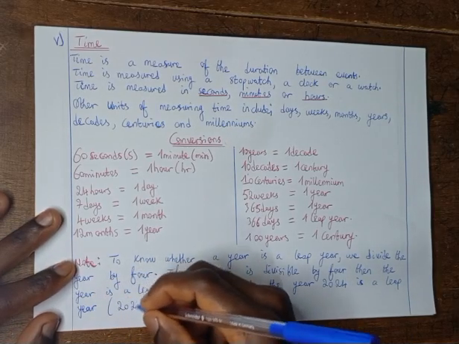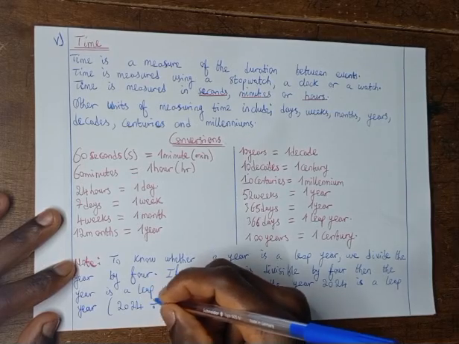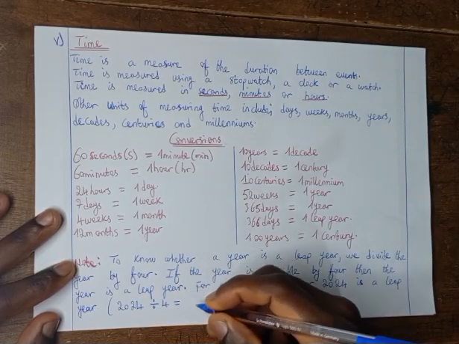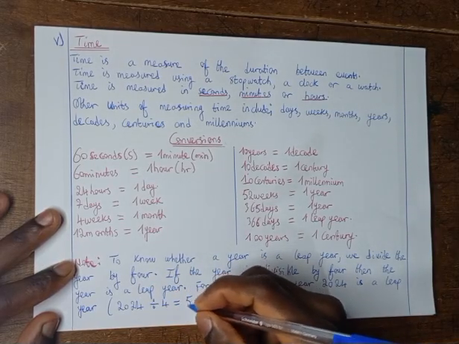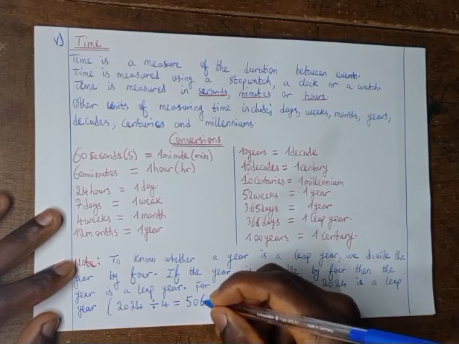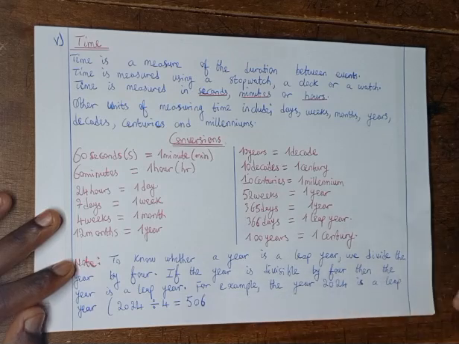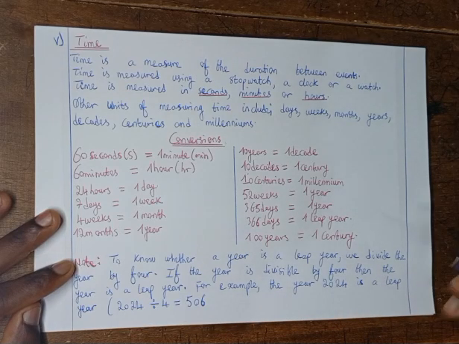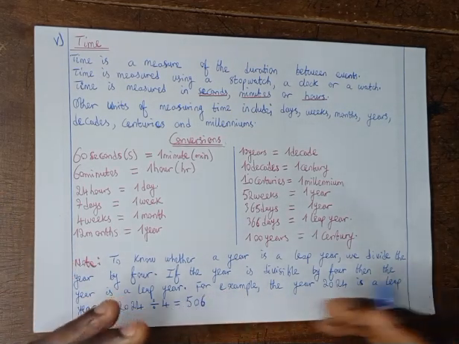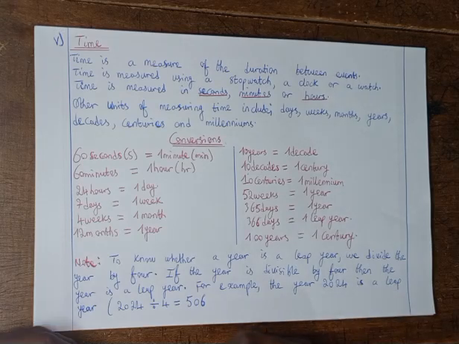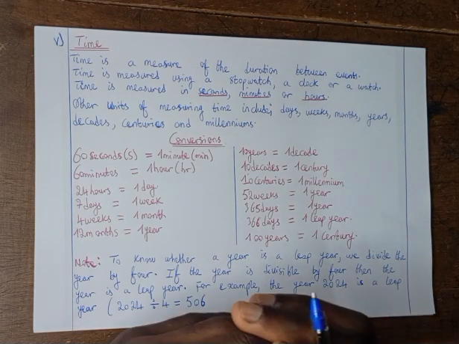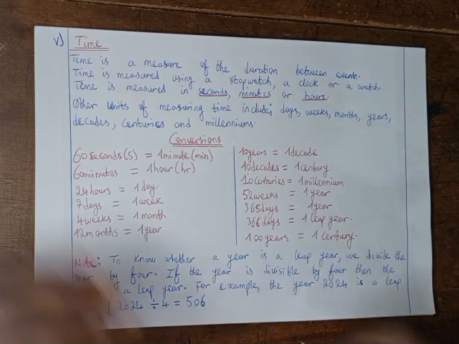If you take 2024, you divide by 4, you will simply obtain 506, which is the whole number without any remainder. So it simply proves that the year 2024 is a leap year. That's why in this year 2024, the month February has 29 days. In most leap years, the month of February has 29 days.